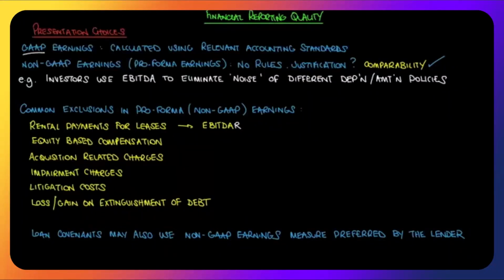As an example, to back up that justification, EBITDA. If you've been studying any, to be honest, of corporate issuers or equity or financial statement analysis readings at CFA level 1, you'll be intimately familiar already with EBITDA. If you read the financial press at all, you'll have seen the term EBITDA. People love it. What is it?